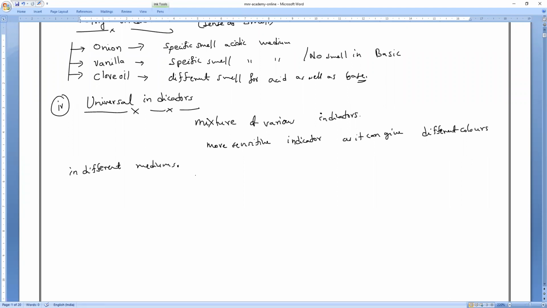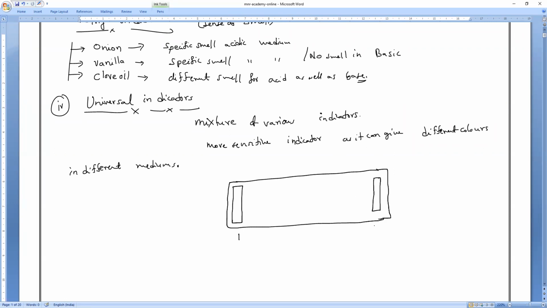That we can also identify. The universal indicator comes with a reference paper strip, which varies from pH value 1 to pH value 14.